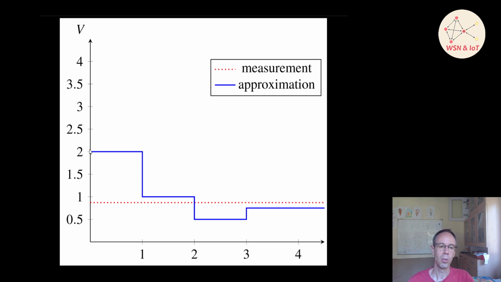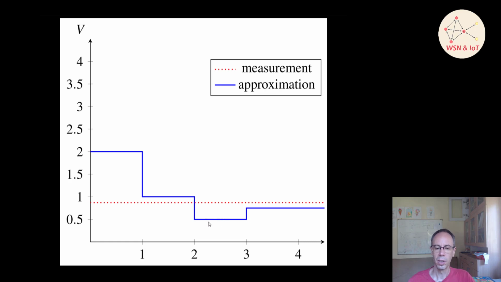For example, our measurement value is around 0.8, and we have a range of 4 volt. We start with half of it and compare it, and we see 2 volt is too high. Then we take half of it again, and 1 volt is still too high.